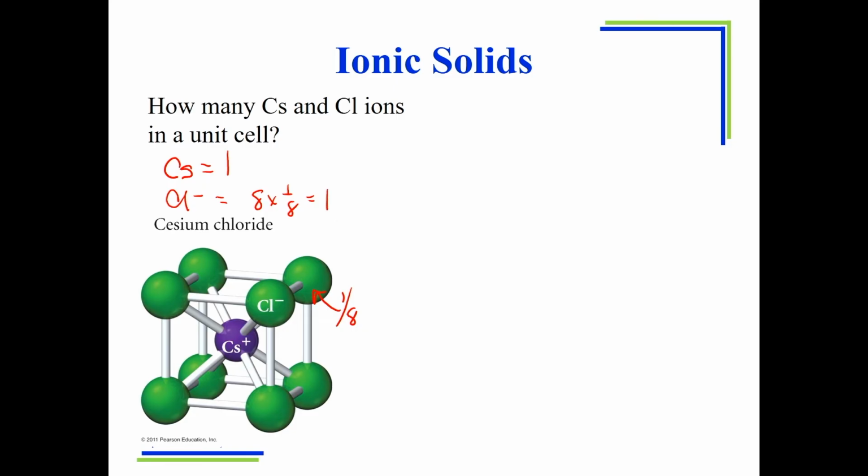So in this unit cell, there's one cesium ion and there's one chloride ion, and that would tell me that CsCl is the formula of this compound, which you could get by looking at the charges on a periodic table, but that's how you do it using the information of a unit cell.